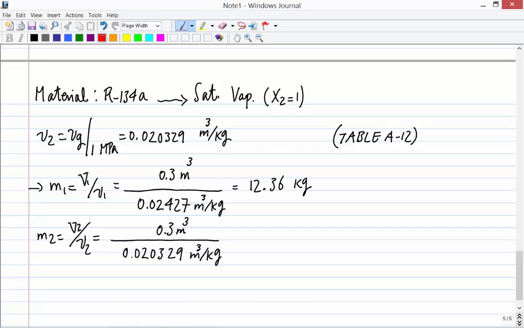Let's play with the units a little bit. See, I have m cubed, and then this goes up.